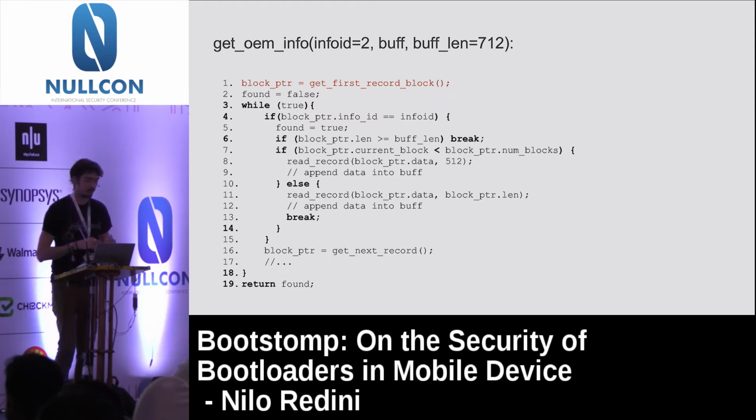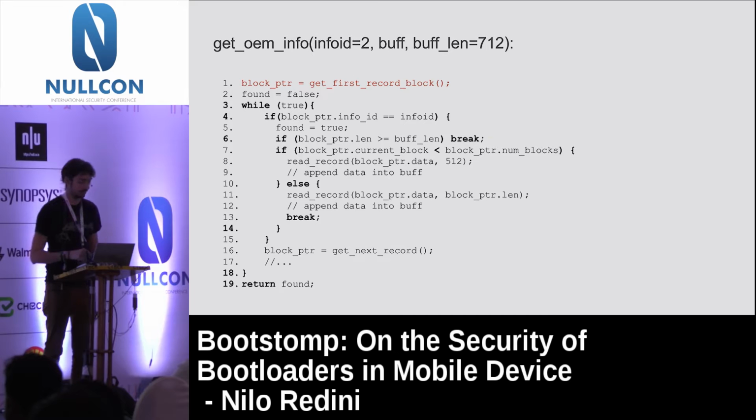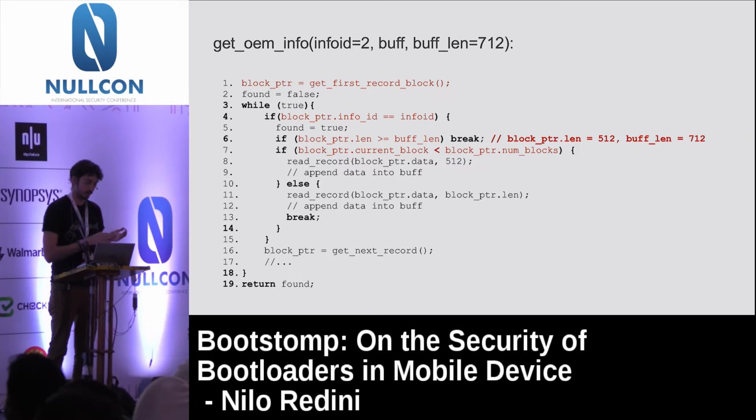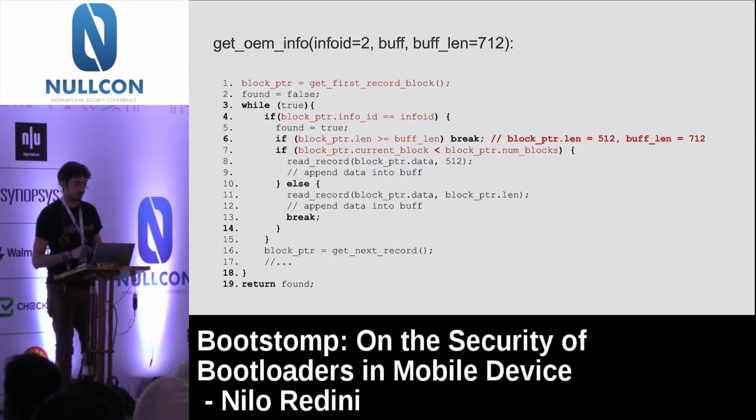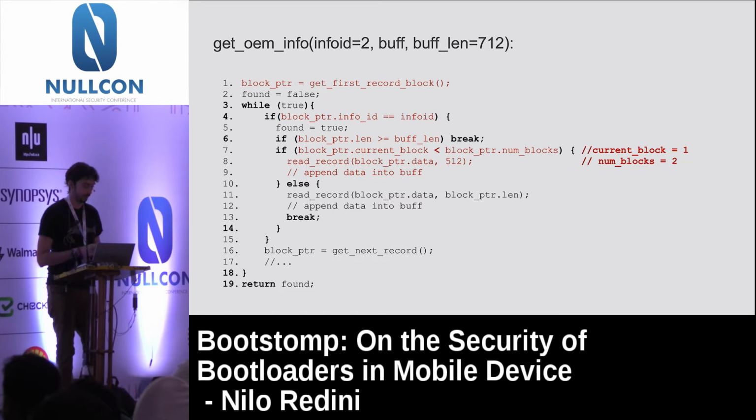Again, the function will retrieve the very first block containing the record file. It will scan each and every block until it finds the block containing the wanted info ID. It will check whether the buffer is big enough to contain the data, and as in this case it is, it will check whether the current block number is less than the number of blocks. In this case, as it is, the if branch is going to be hit.